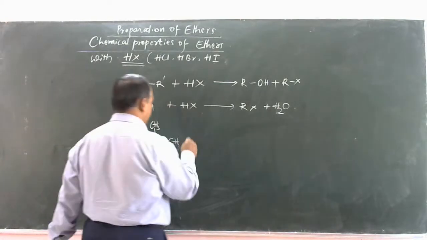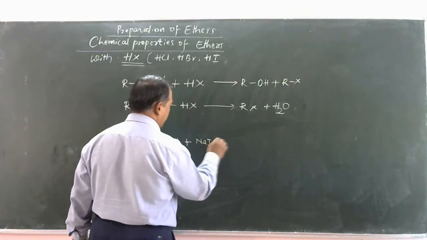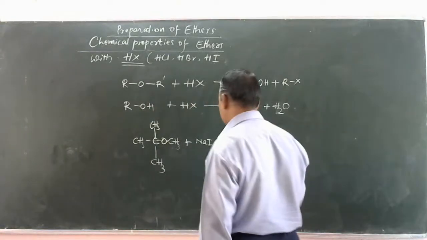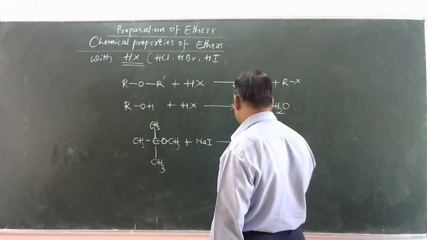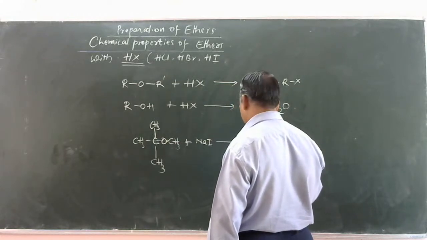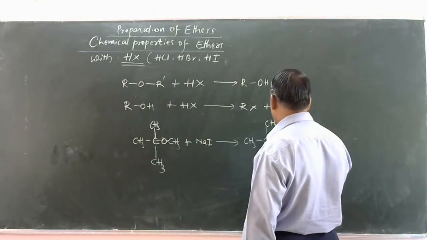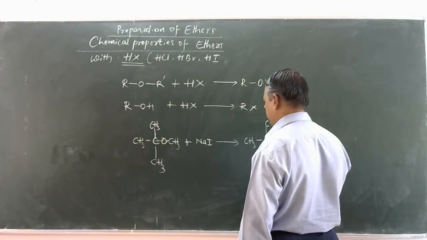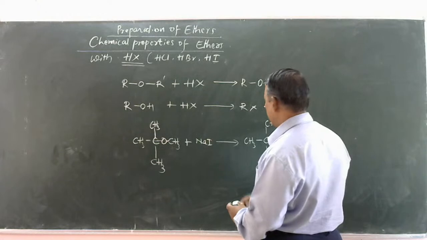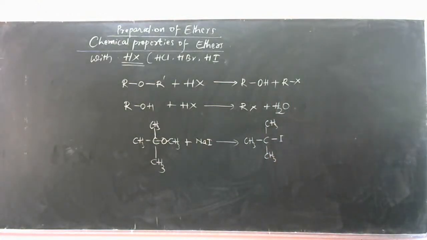See, when it reacts with sodium iodide, NaI, we will get (CH3)3C-I, where the iodine atom attaches. The reaction we will get here.